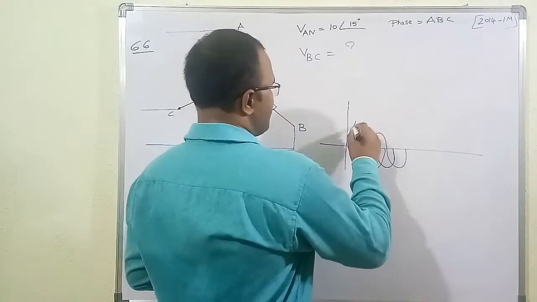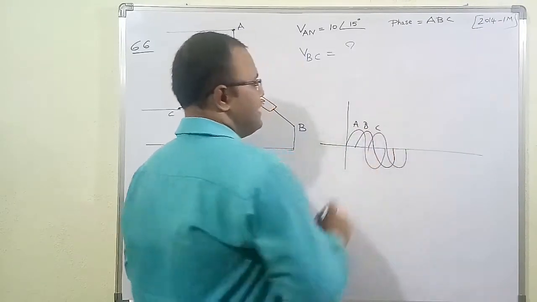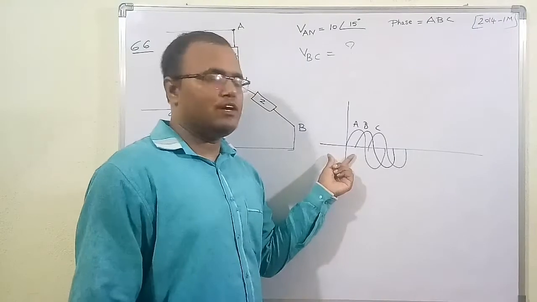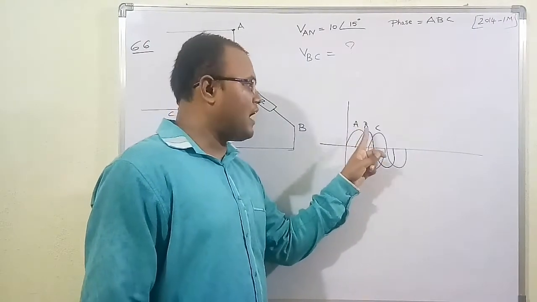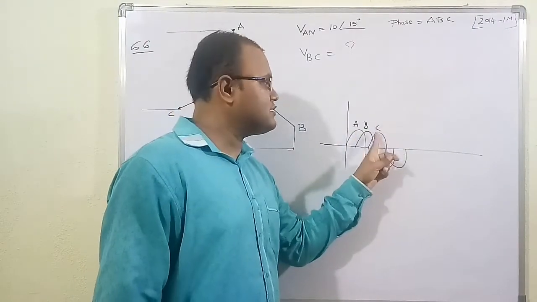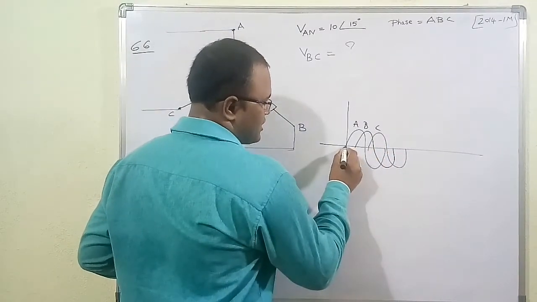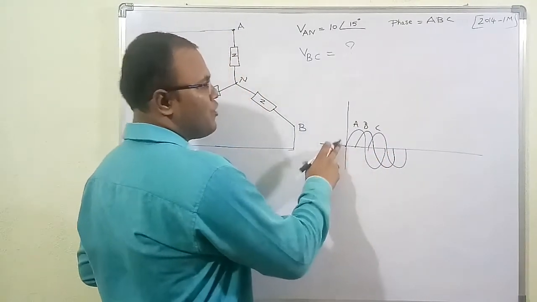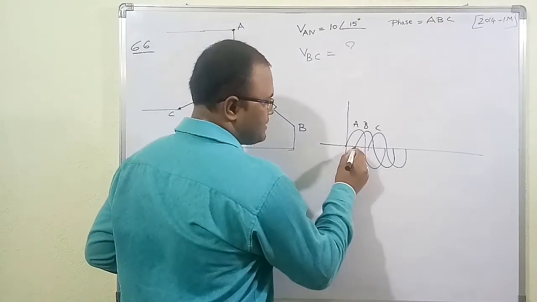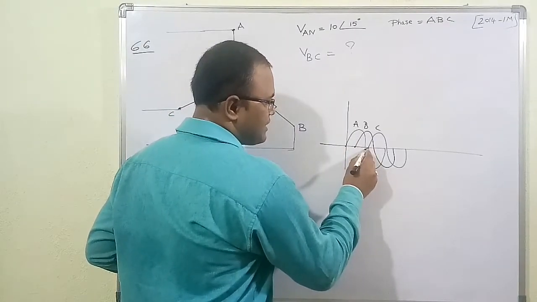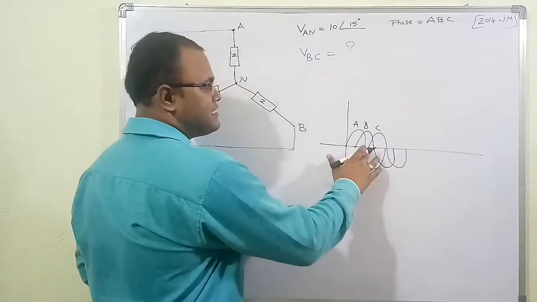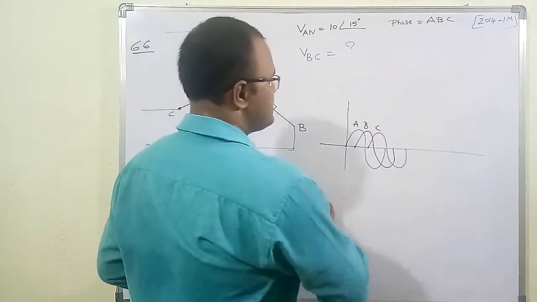So A, B, C. The maximum of the first one comes first, the other is second, and the later one is third. In other words, the starting zero came for the first time for A phase, the second time for B phase, and the third time for C phase. That is the reason the phase sequence is A, B, C.